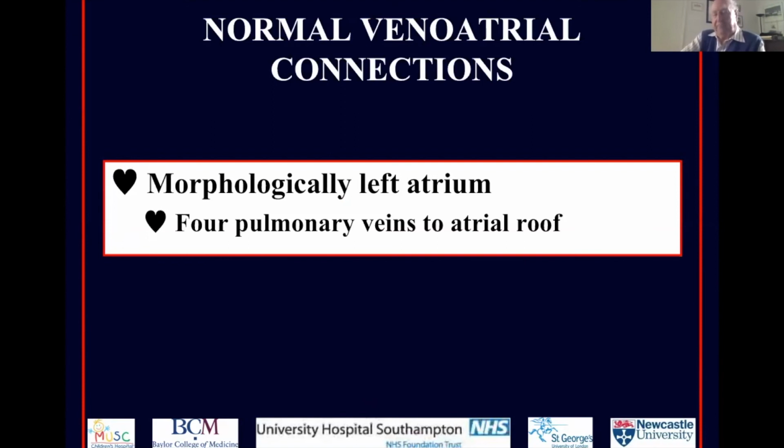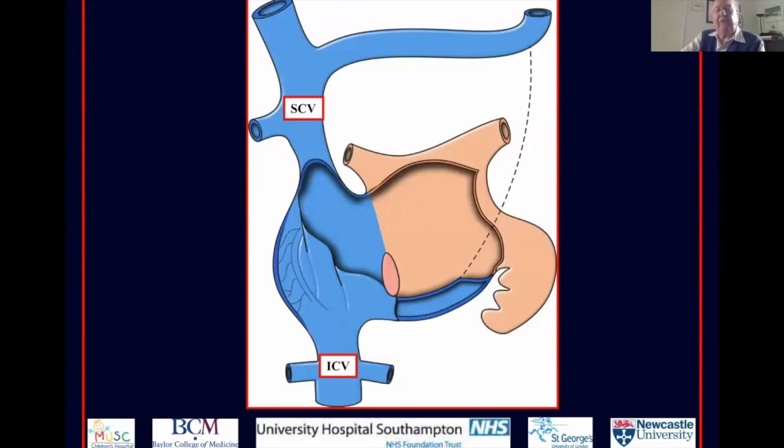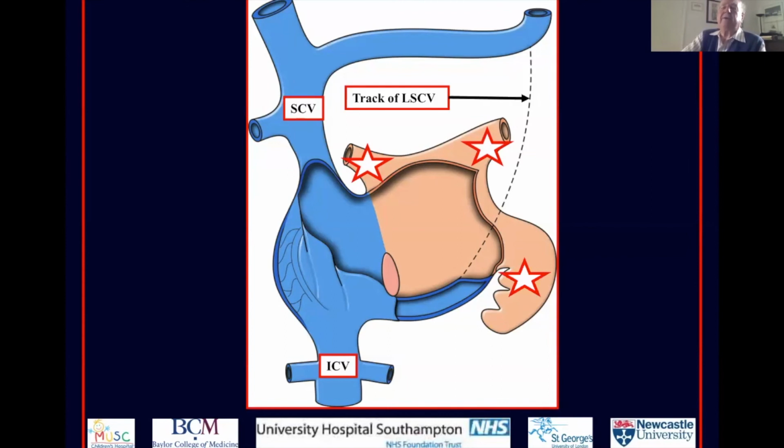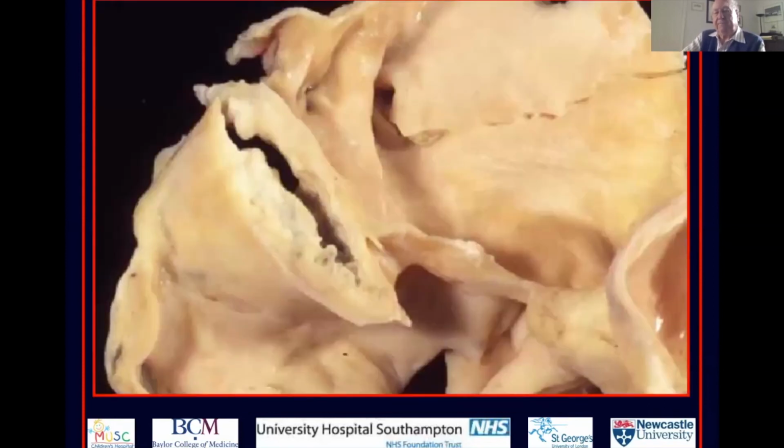So let me now switch horses, as it were, and let's look at the normal connections to the left atrium. Because usually we have 4 pulmonary veins coming to the atrial roof, 2 on each side. Remember the track, the left superior caval vein, which usually drains to the coronary sinus, but in most instances disappears. When we consider the anomalous venoatrial connections, we also need to consider the arrangement of the atrial septum.